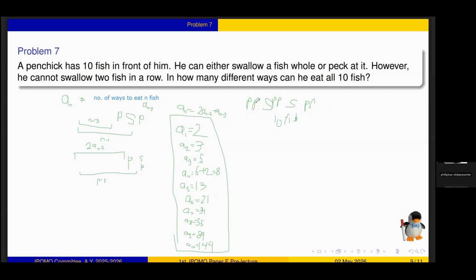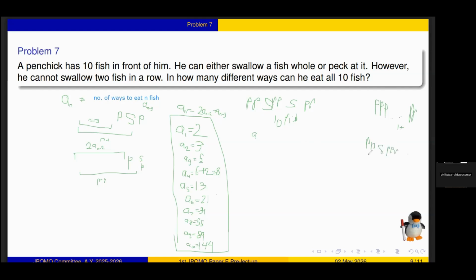Either way, let's just work through the cases first. Let's try the first one where there's no S, right? There's just one. I mean, this is obvious already. It's one. And then you must find the next case where there's one S, right?